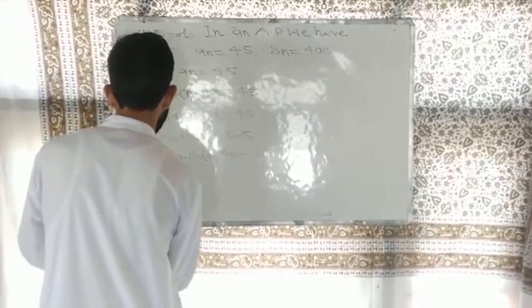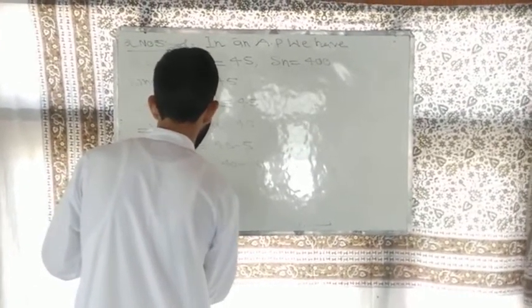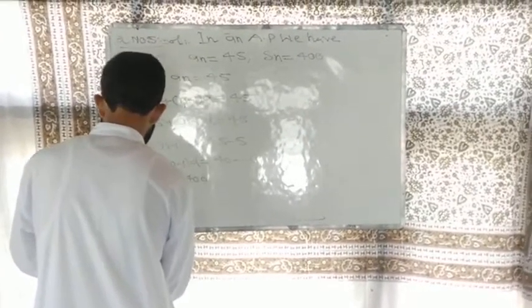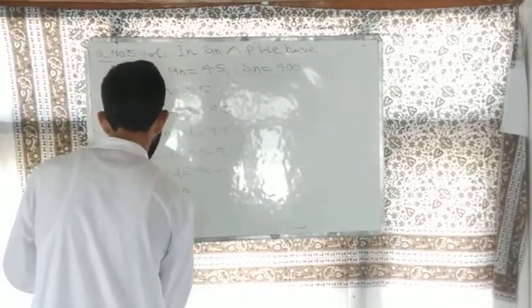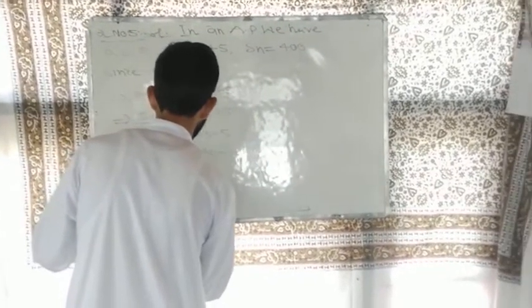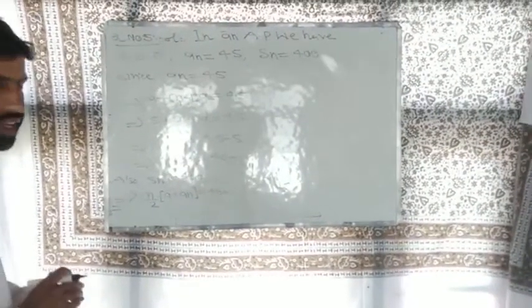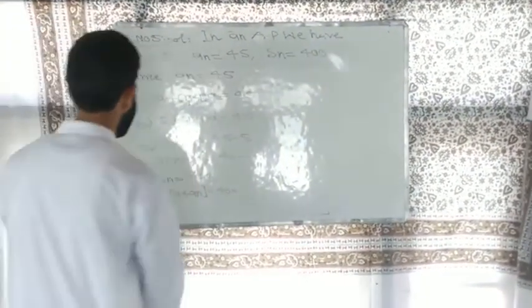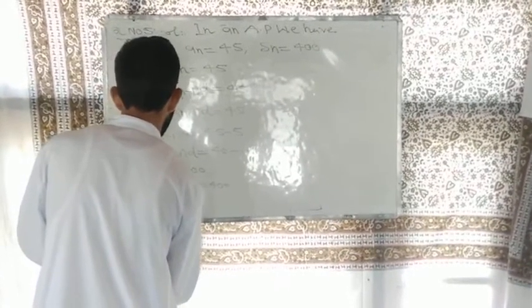Now S_n is 400. By the formula, S_n equals n by 2 times (A plus A_n). The sum of the first n terms is given as n by 2 (A plus A_n) equals 400.